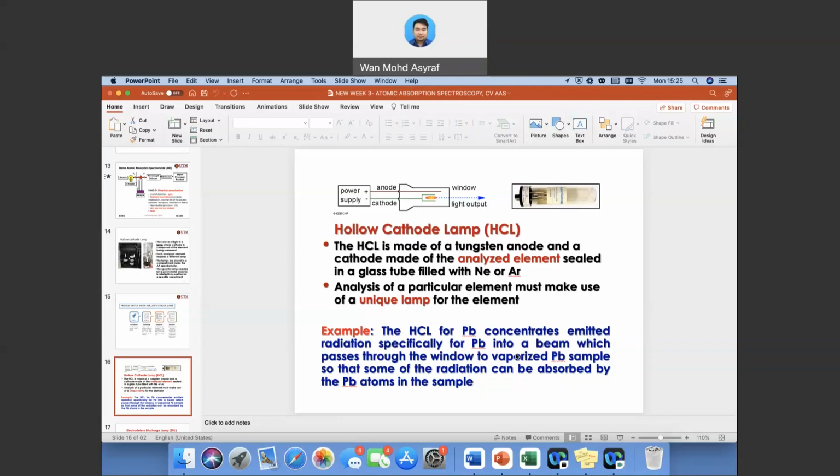So in terms of this example, the hollow cathode lamp for lead concentrates emitted radiation specifically for lead into a beam which passes through the window to the vaporized lead sample, so that the same radiation can be absorbed by the lead atoms in the sample. So this is what I have explained just now. So you imagine the copper atoms being excited by the copper wavelength from the lamp. Okay.